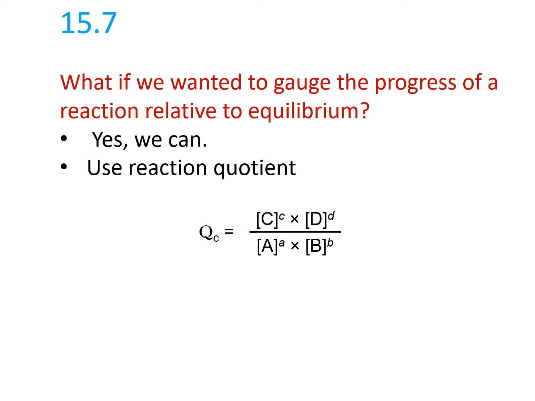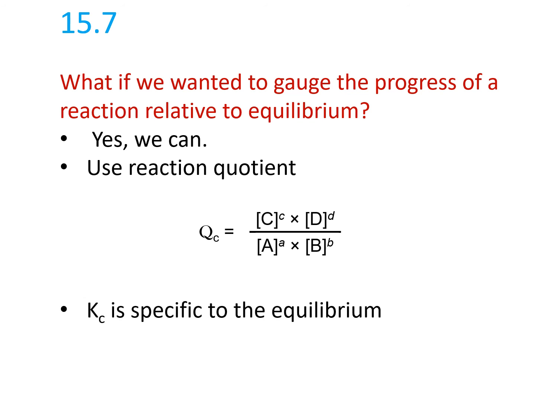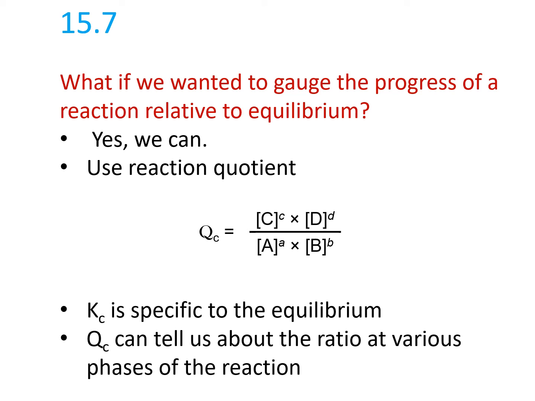Well, for one thing, you've got a Q in the beginning of this as opposed to a K. But what is the real significance here? Well, the K is specific to the moment of equilibrium, whereas the Q is specific at the moment that the reaction is trying to go into equilibrium.